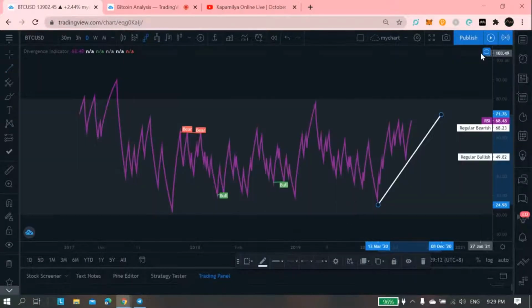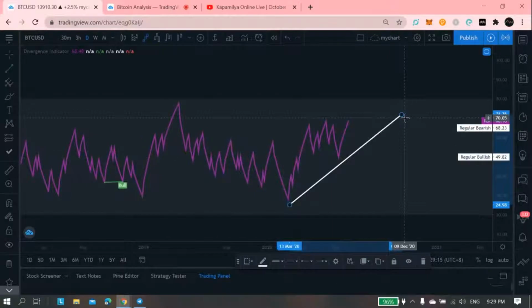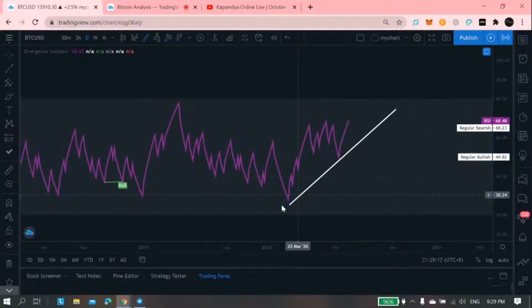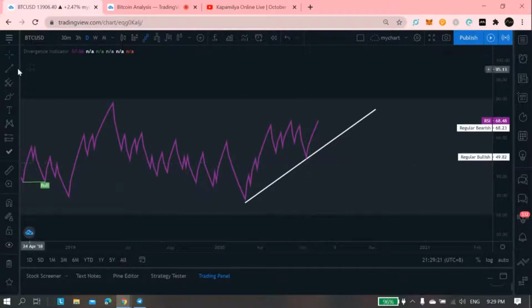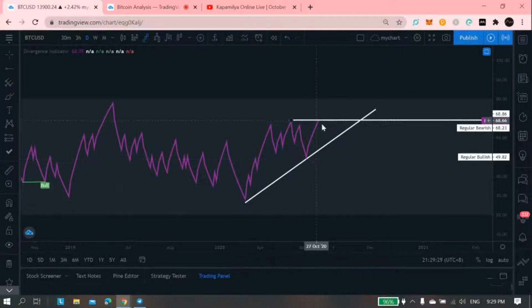Let's make it bigger. And the very key thing here is this area. This is the next possible resistance, which is already at this area.